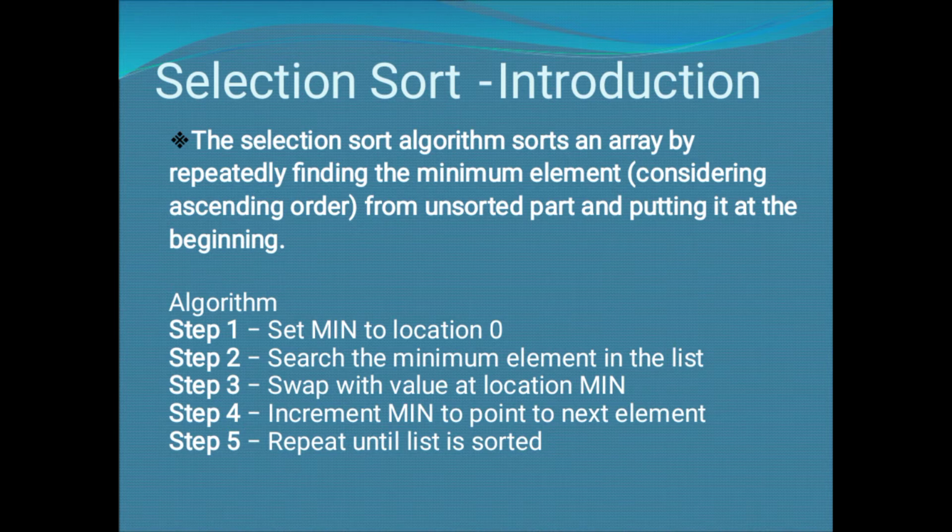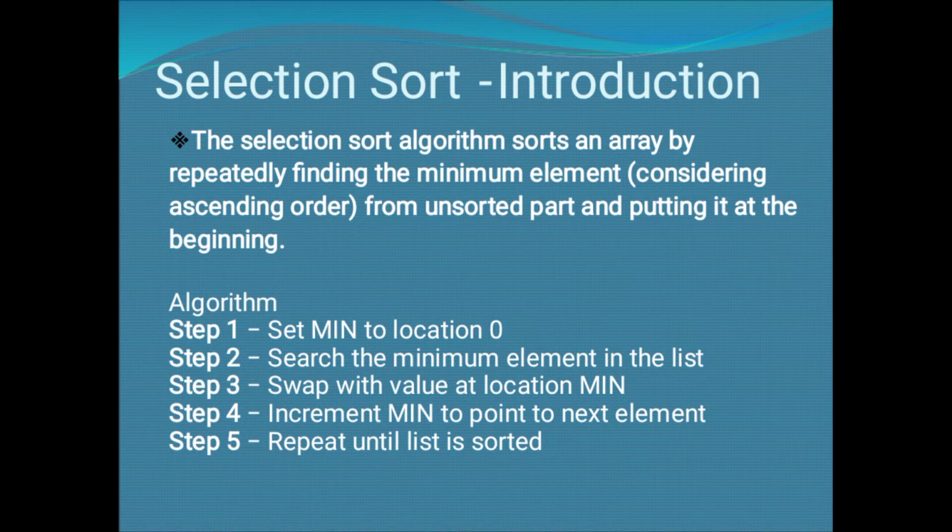As you know, here is an algorithm for selection sort. This is my descriptive algorithm. What are the steps I am following in this selection sort? Here I have demonstrated clearly. Step 1. Set minimum to location 0.